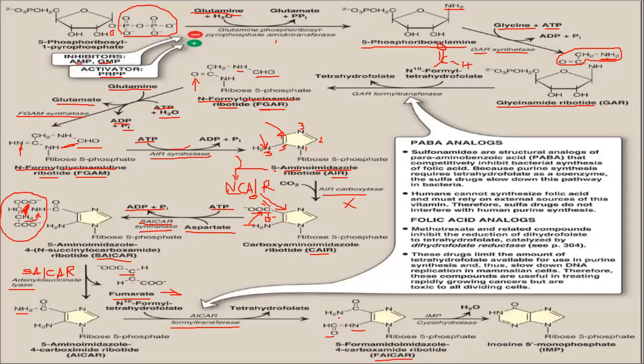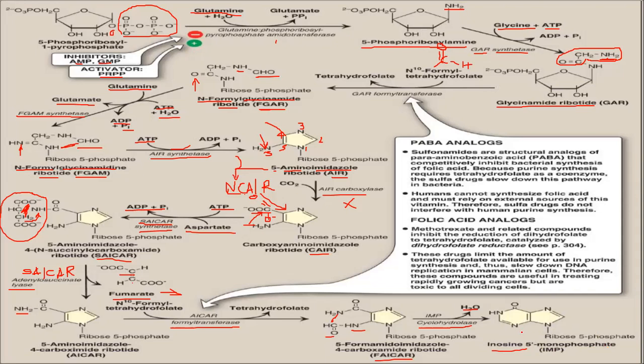Then after forming this, we just need to close the gap here. So we cyclize and then dehydrate, by an enzyme known as inosine monophosphate cyclohydrolase, removing water. We remove water to form our inosine 5'-monophosphate.